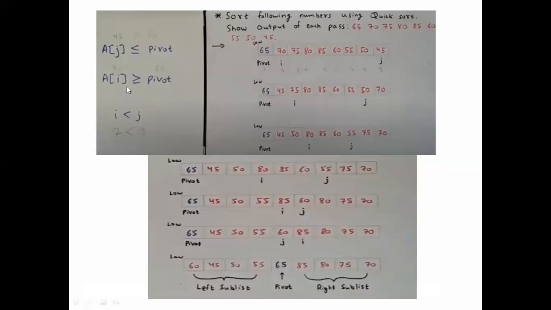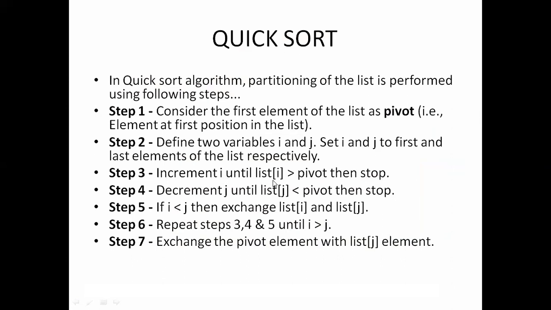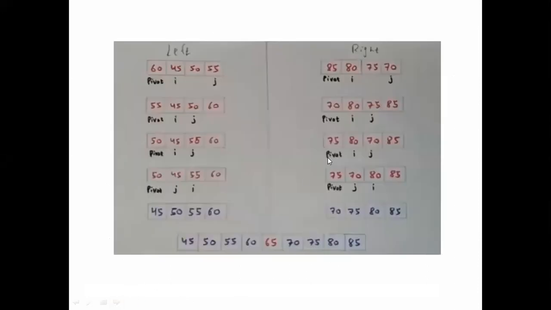Here, if A of i is greater than or equal to the pivot, stop. If A of j is less than or equal to the pivot, stop. Increment until the i value is greater than the pivot. If the pivot element is small and the i value is greater, you stop the process. In this example, the j value is already less than the pivot, that's why we stop here.